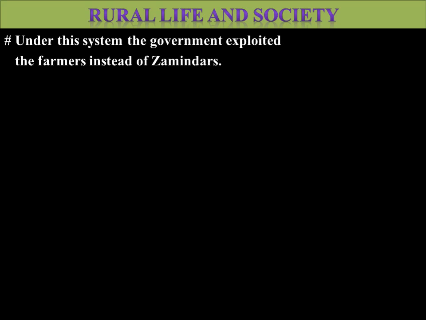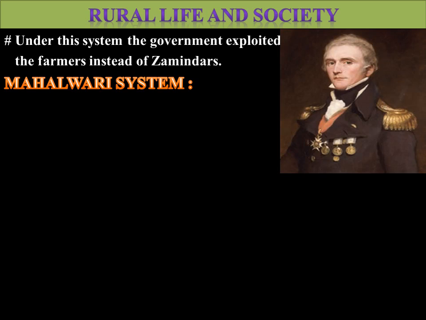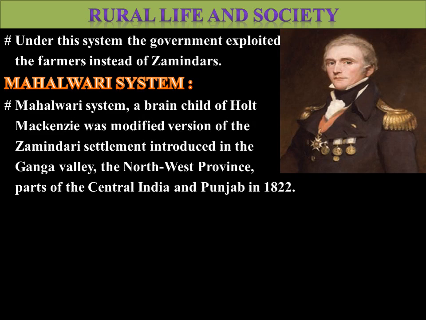Next, we are going to study the Mahalwari system. The Mahalwari system, a brainchild of Holt Mackenzie, was a modified version of the Zamindari settlement, introduced in the Ganga Valley, the North-West Provinces, parts of Central India and Punjab in 1822.